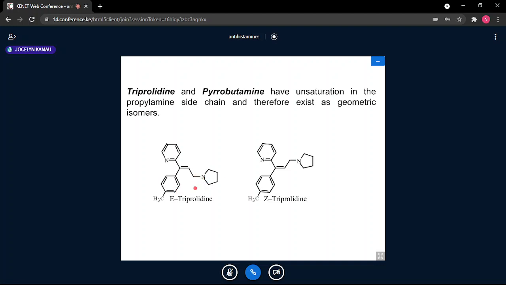So this ring and that ring are on the same side. So para substitution on the phenyl ring, which is cis to the nitrogen, increases activity. If the substitution was on the other ring for triprolidine, you'd be substituting on the pyridine ring.